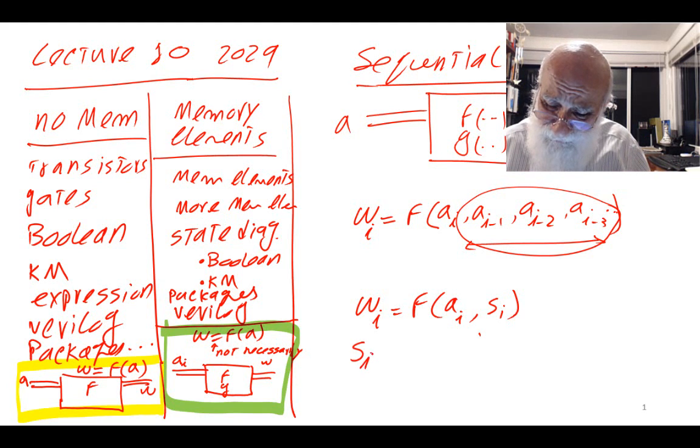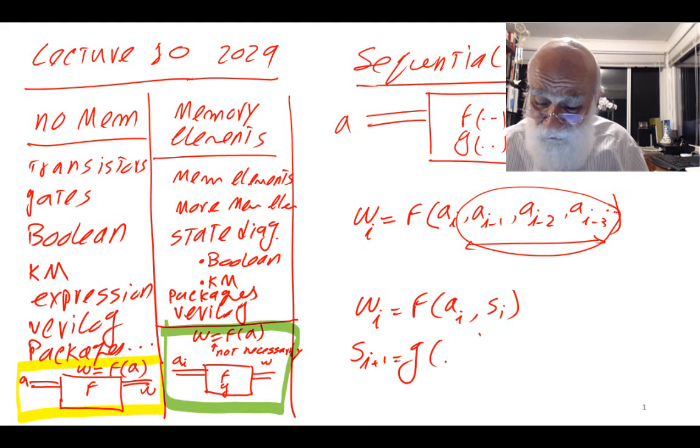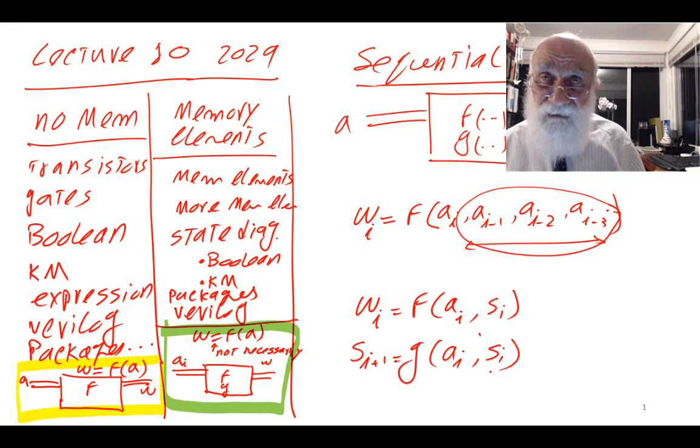So this is what I'm going to do. I'm going to say then state of I plus 1 is a different function of the present input and the state of the circuit.